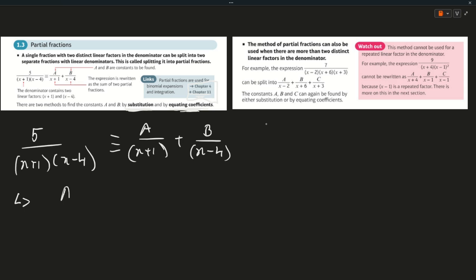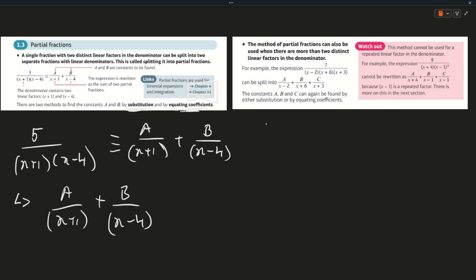Then we see how we can take this and make it look like this. Because we have just a general form here, we don't know what a and b are. So we start with a and b. Now, when we add fractions, they have to have the same denominator.